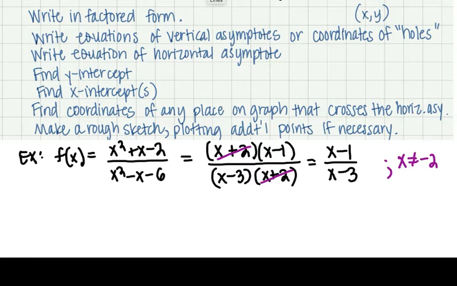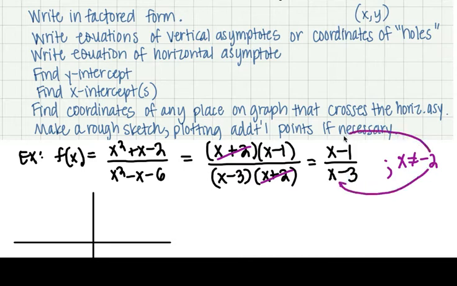So let me draw a graph. And I'm going to show you where that hole would be. If I put a negative 2 into the simplified version of this expression, I would have negative 2 minus 1 is negative 3, over negative 5, which is 3/5.